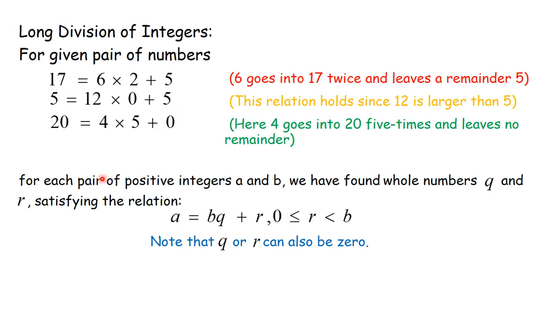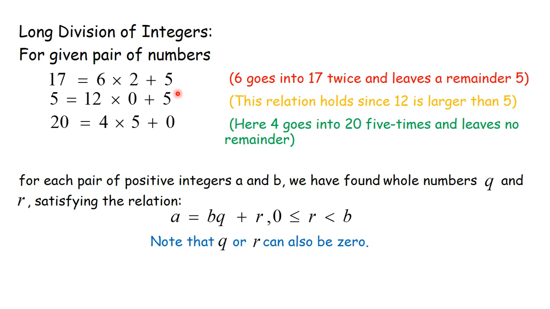So for any two positive integers a and b, we can find whole numbers satisfying the equation a is equal to bq plus r. This is the quotient and this is the remainder, which is quite similar to the division algorithm.